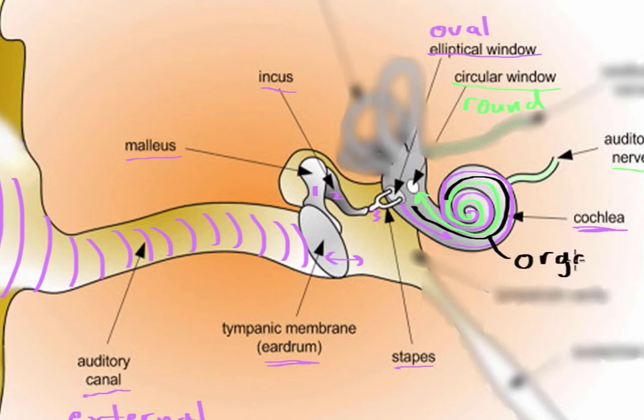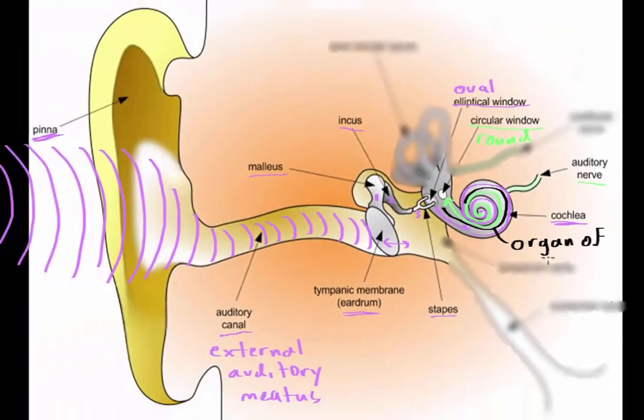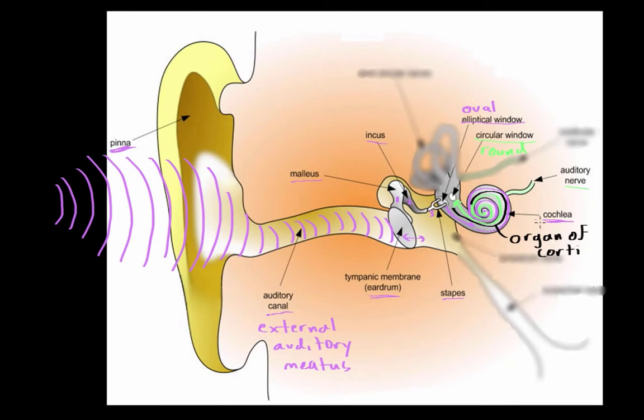Let me just write that down here. Organ of Corti. Now this organ of Corti is actually composed of 2 different things. It's composed of something known as the basilar membrane and another membrane known as the tectorial membrane.